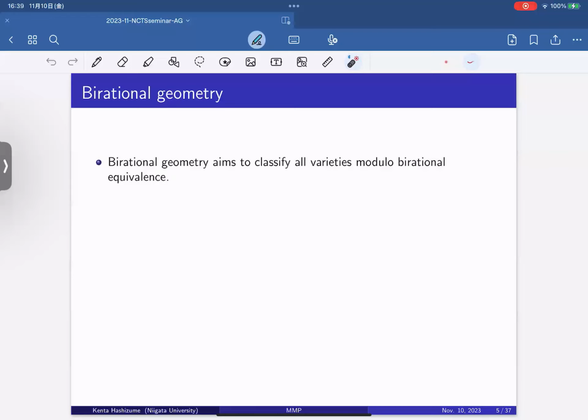Okay, the motivation of birational geometry is that all algebraic varieties can be classified by using birational equivalence. But there is a natural question: how to classify varieties?